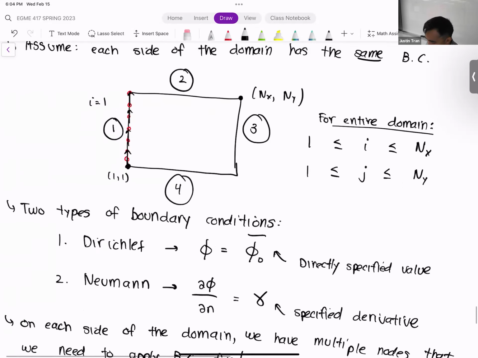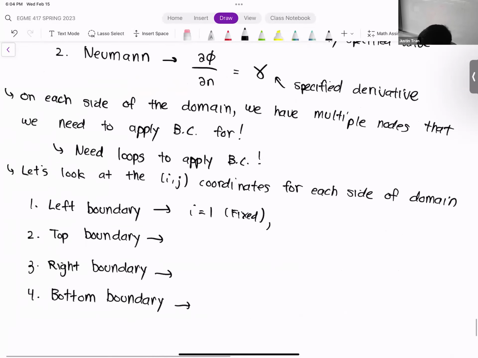Meanwhile, what's changing as we go from the bottom part of the left boundary to the top is the j coordinate. As we go from the bottom to the top, we have 1 less than or equal to j less than or equal to ny.